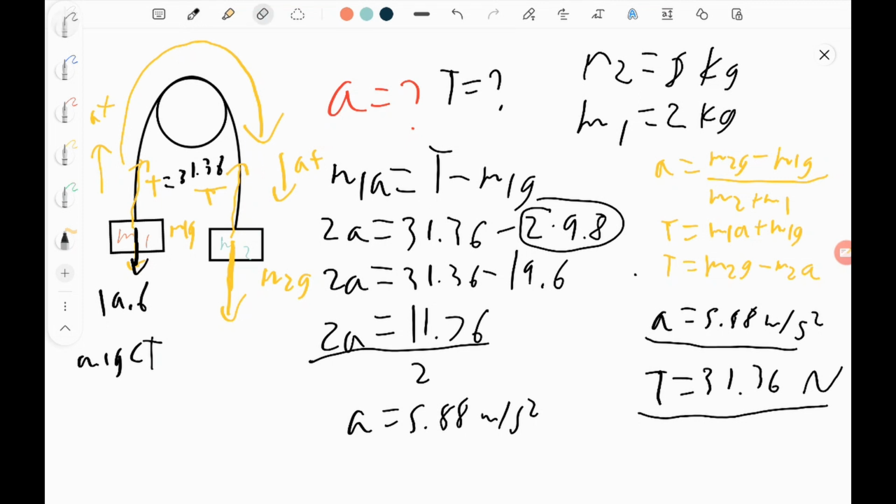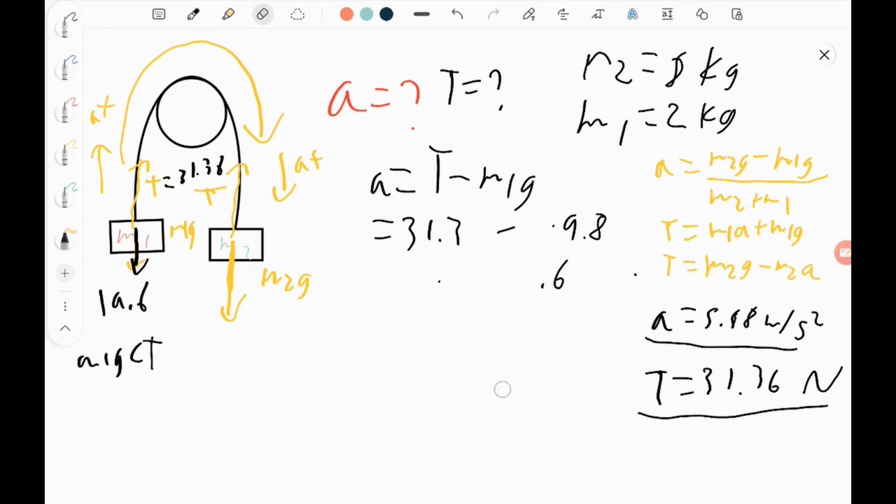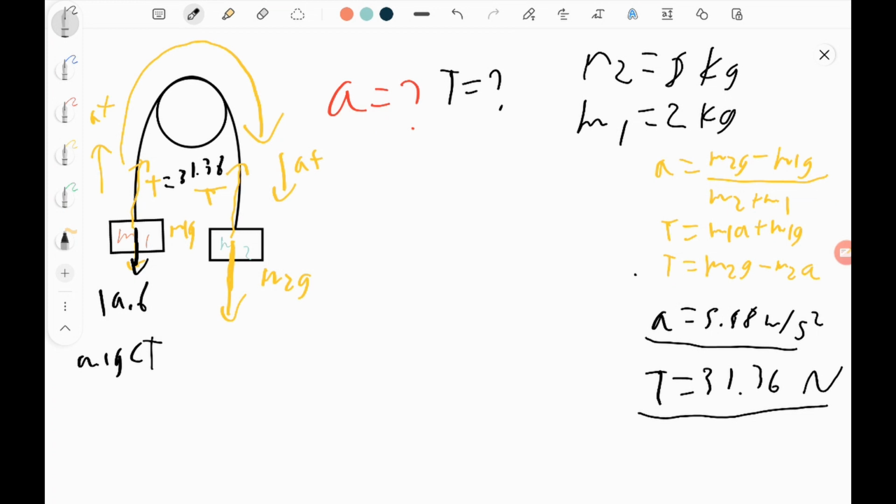So we can see that that causes that upward acceleration, and indeed M1G is less than the tension in magnitude. Now what about for block 2? Let's verify block 2. So for block 2, we said that the net force M2A was equal to the downward gravity force minus the tension, given that downward is our positive direction.